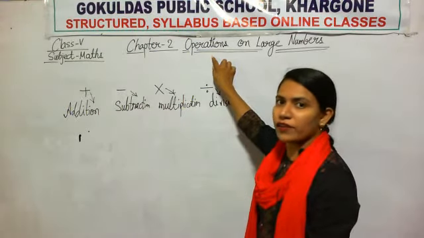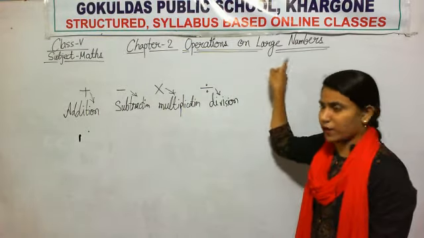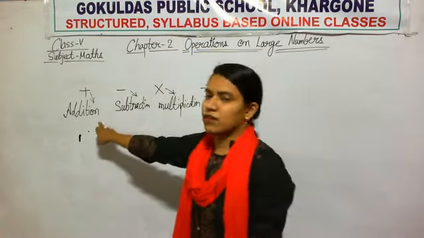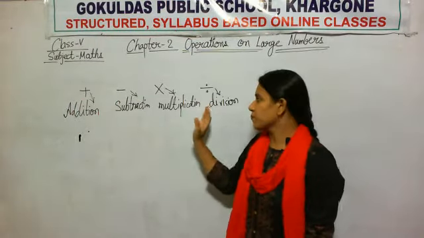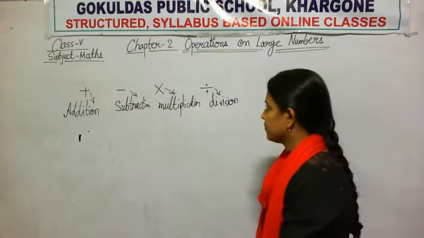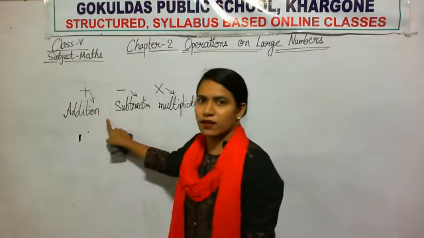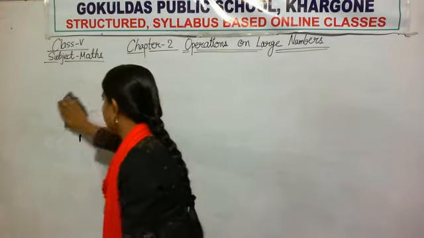I hope now you got the meaning of this word operation on large numbers. Operation means, in mathematics, addition, subtraction, multiplication and division. These are the symbols for the various operations.